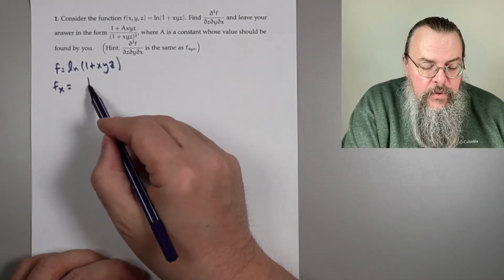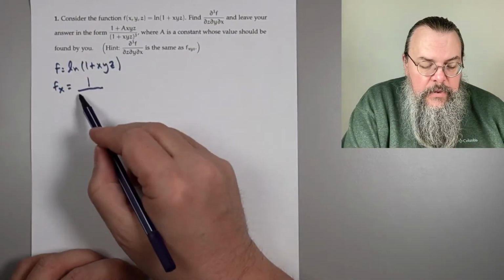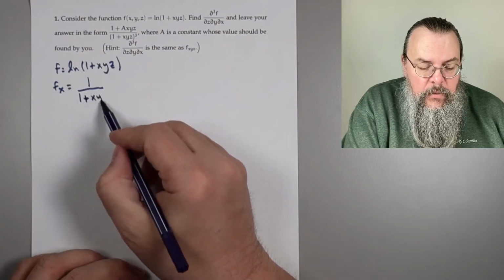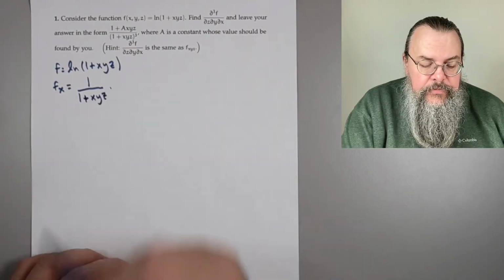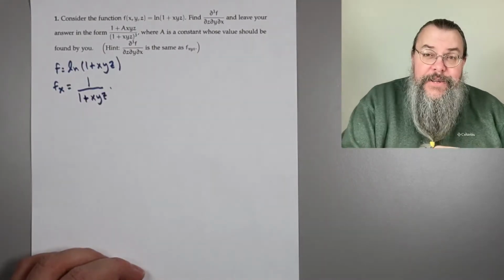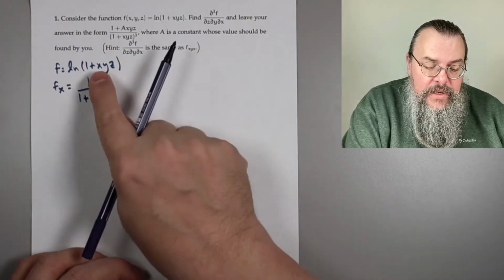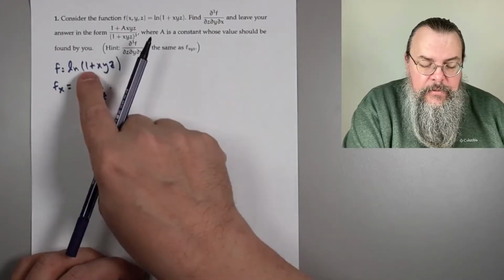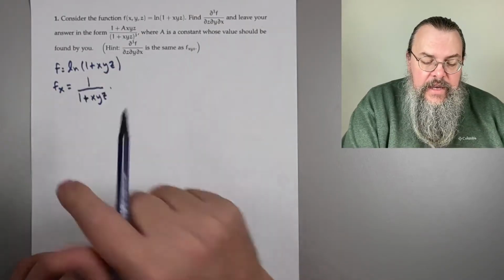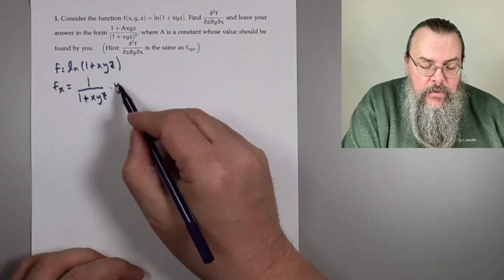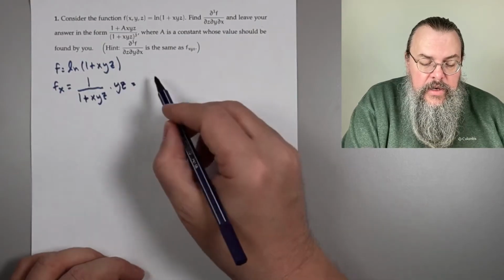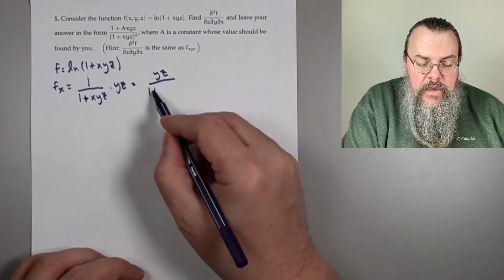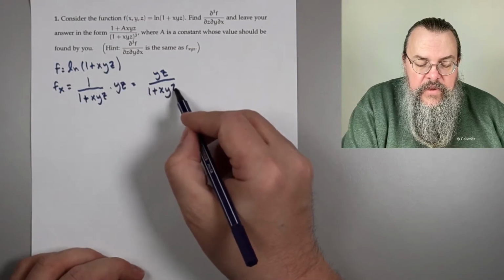Well, the rule is you take 1 over whatever's on the inside, so 1 over 1 plus xyz, and then you multiply that by the derivative of the inside. Now remember, x is our variable, y and z we treat like constants, and the derivative of 1 is 0, so we have like a constant times x, so that derivative is yz. Which we can rewrite as yz over 1 plus xyz.